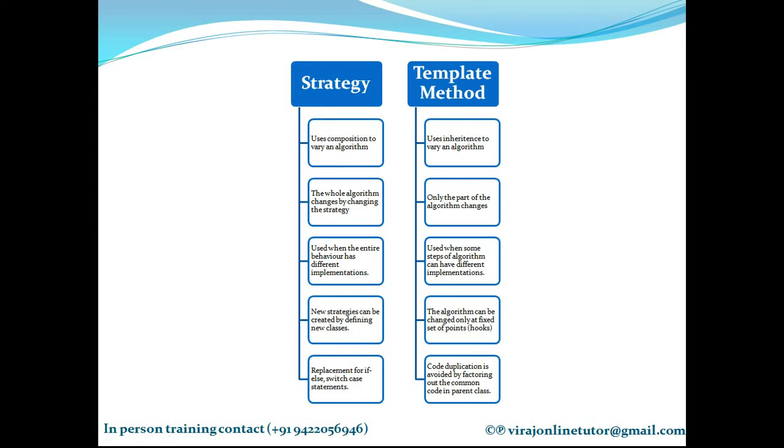So we saw in the previous slide that except the max limit function, all other functions had a common code. So what did I do? I moved the common code in the base class, and only the max limit function was implemented in the derived classes. So I am factoring common code in the base class in template method, and only what is differing goes into the derived class. Okay, so with that I am completing a template method.